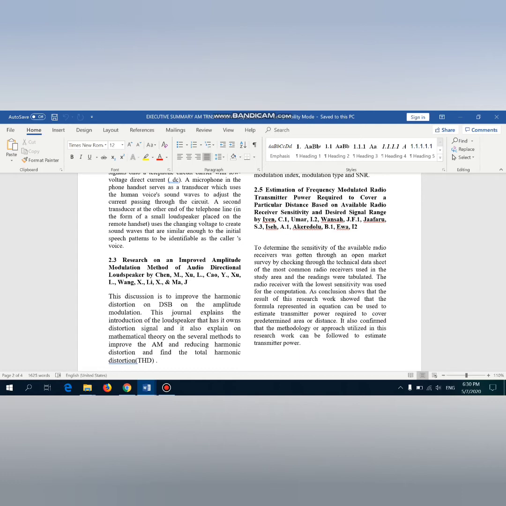The radio receiver with the lowest sensitivity was used for comparison. In conclusion, the result of this research shows that the formula represented in the equation can be used to estimate the power of the transmitter required to cover a particular area or distance. It also confirmed that the methodology utilized in this research can be followed to estimate the transmitter power.